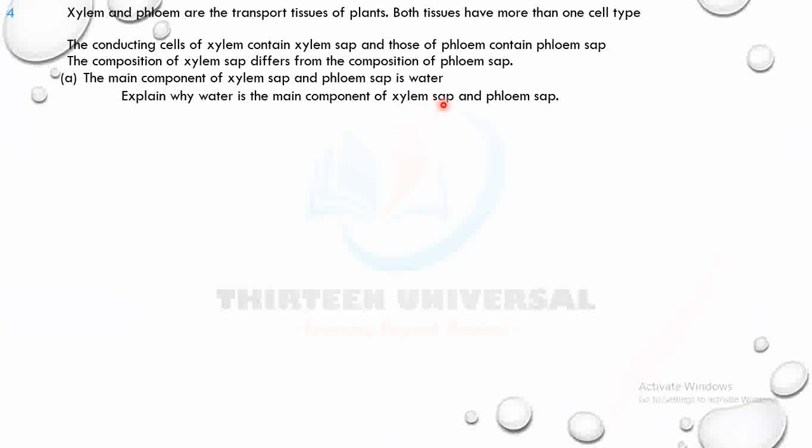Now in phloem sap, water also helps. Remember that in phloem, due to the increase in water potential at the source, we have high hydrostatic pressure. So the increase in water sets up a hydrostatic pressure gradient in phloem.